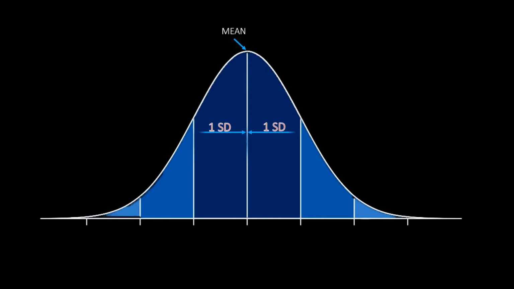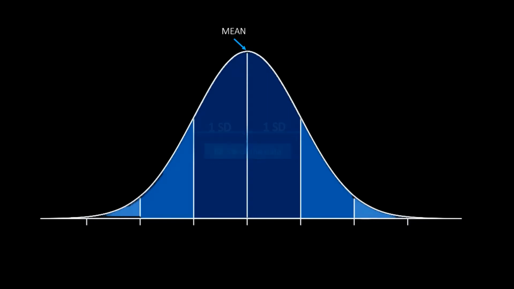If you have a mean, and you go one standard deviation below the mean and one standard deviation above the mean, you cover around 68% of the data that you've got. So the standard deviation is calculated so that one standard deviation either side represents 68%-ish of the data.